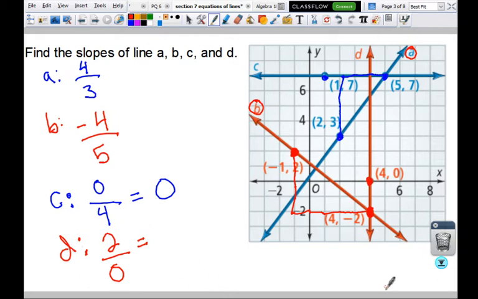So whenever you have a straight up and down line, our slope is undefined. If it's ever straight up and down, we just say undefined. We don't even really need to do anything else. Just say undefined.